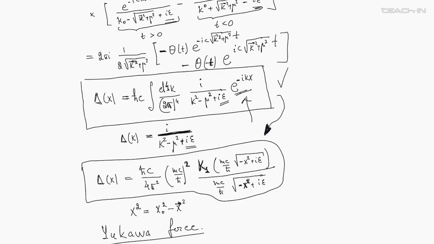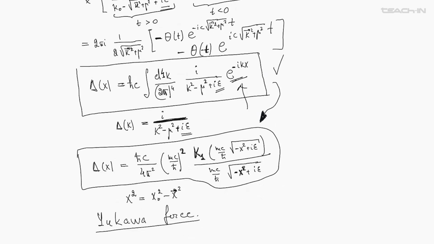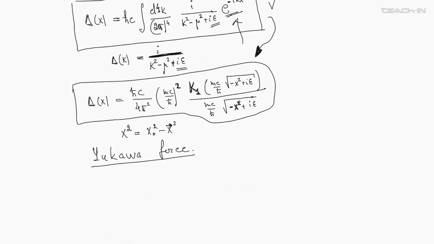Causality is important. Causality is in fact an implementation of two things. It's an implementation of the fact that we are in Minkowski space, so we have Lorentz symmetry, Lorentz transformations.